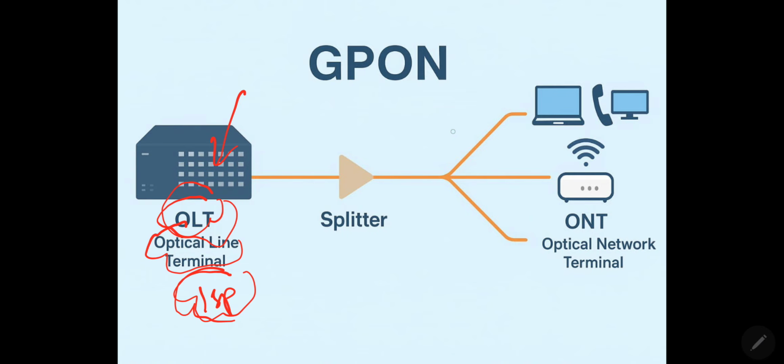Next, the splitter. For the splitter, you can see here the position is in the middle between OLT and ONT, and the function of this splitter is to divide bandwidth without power.